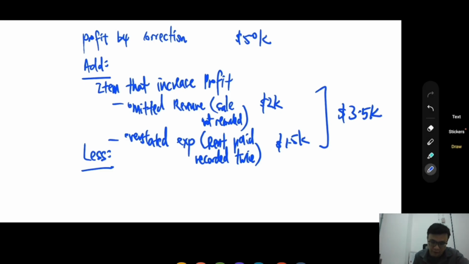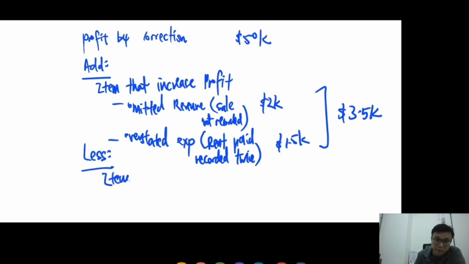Next, we have the adjustment on the less portion, whereby these are the items that decrease profit.